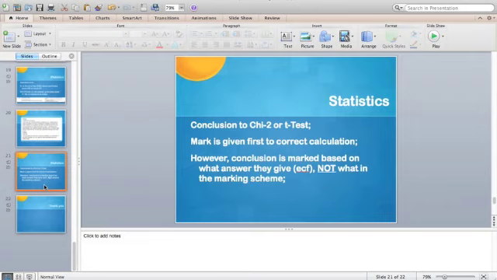So there's some sense of ECF here. For example, if they've used an incorrect t-value, the conclusion will be marked based on the incorrect t-value that is given, which may not necessarily be what is in the marking scheme.